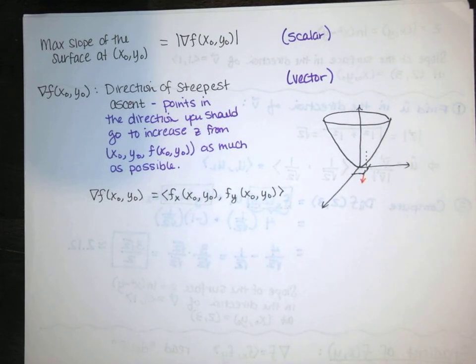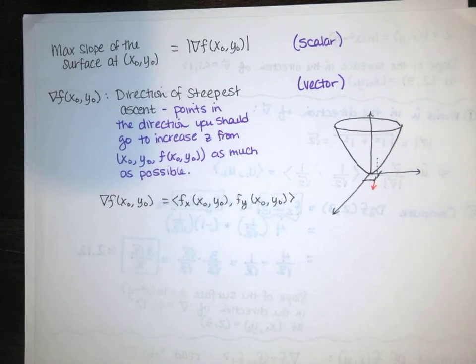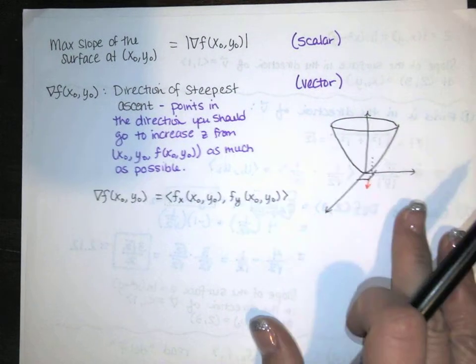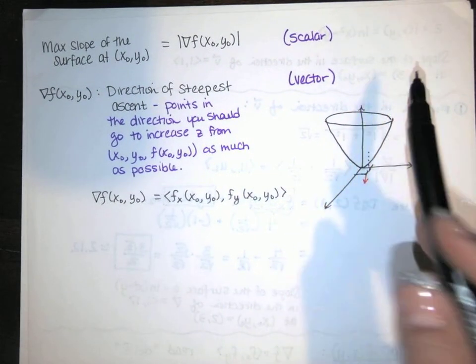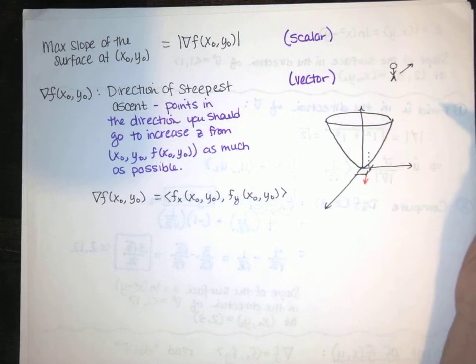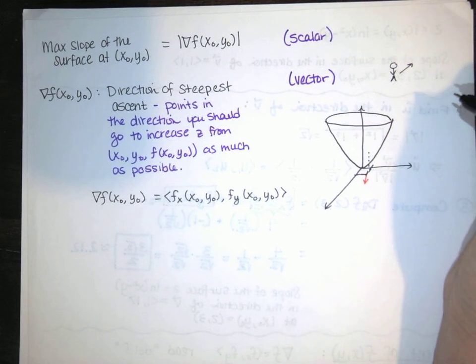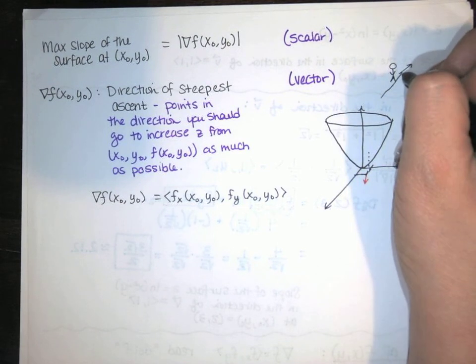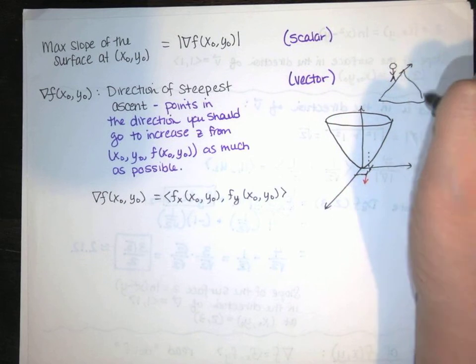So if I want the minimum slope of the surface, let's say the gradient says head in this direction. If you're standing here, go that way to increase the z-values as much as possible. How can you decrease the z-values as much as possible if you're standing on a mountain? Here's our mountain. I'm not very good at drawing mountains.